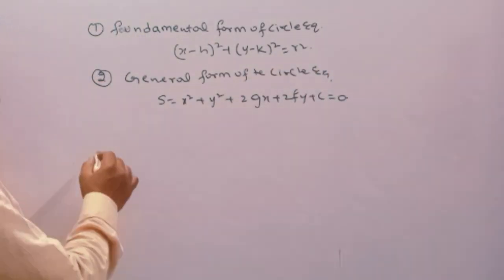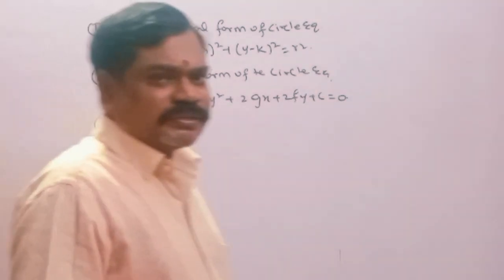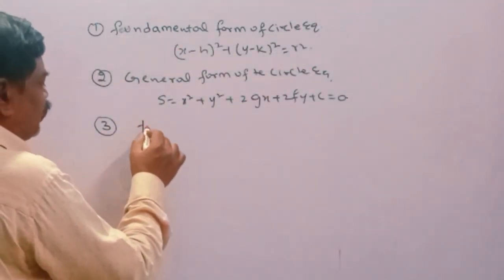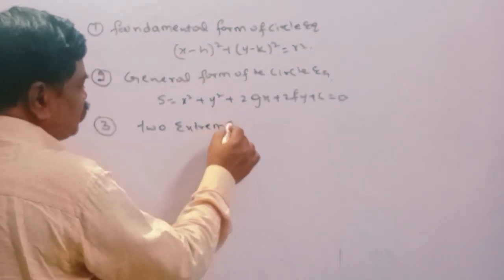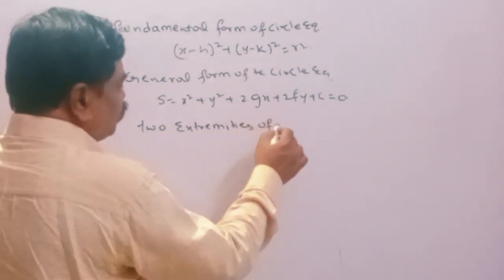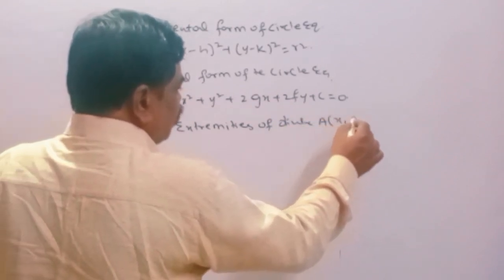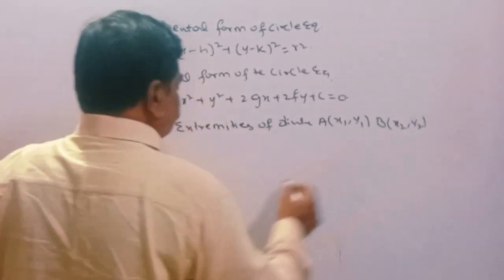The third one is the two extremities of the diameter: A (x1, y1), B (x2, y2).